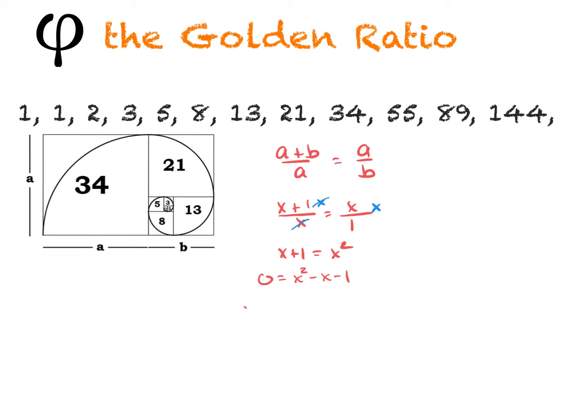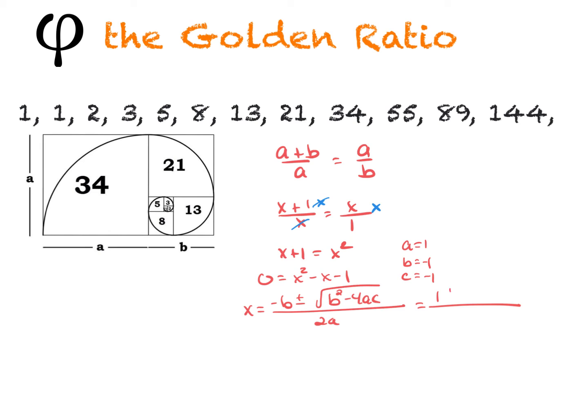And then I'm going to use the quadratic formula. Remember, that's the one that goes negative b plus or minus the square root of b squared minus 4ac divided by 2a. And plugging in, it looks like a lot of 1s and negative 1s. A is 1, the middle coefficient's negative 1, and c is negative 1.